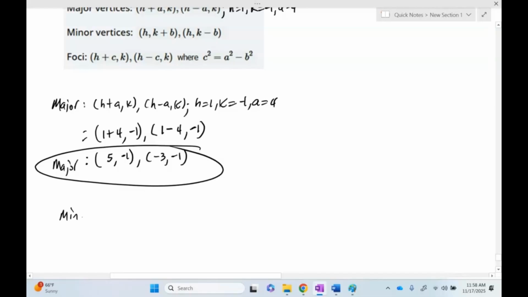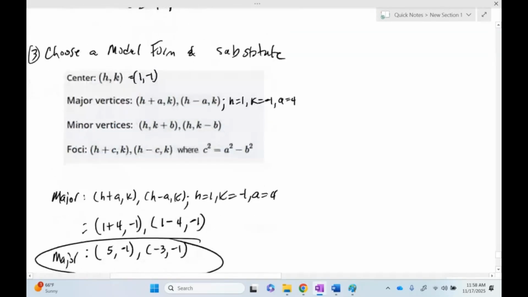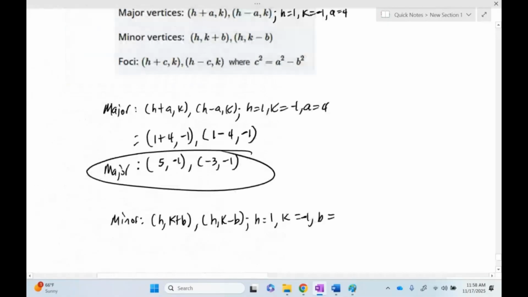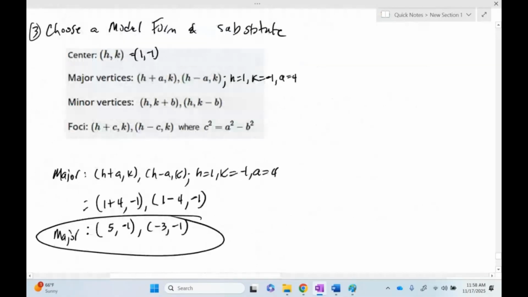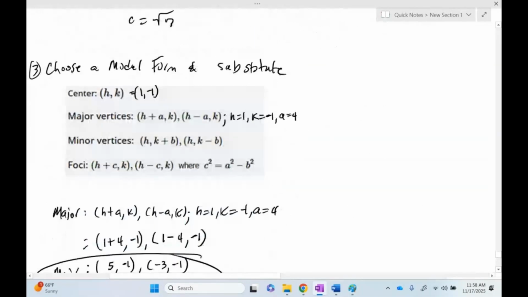To find the minor axis points, I'm using the formula (h, k plus b) and (h, k minus b). We're going to substitute h for 1, k for -1, and b for 3.